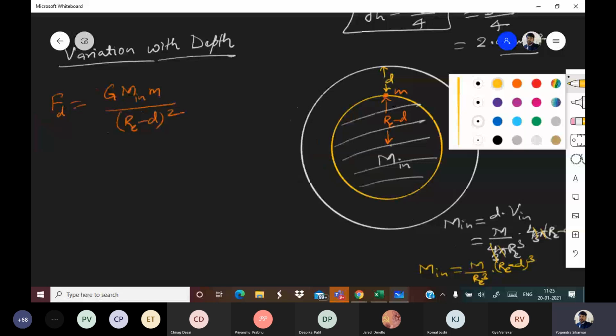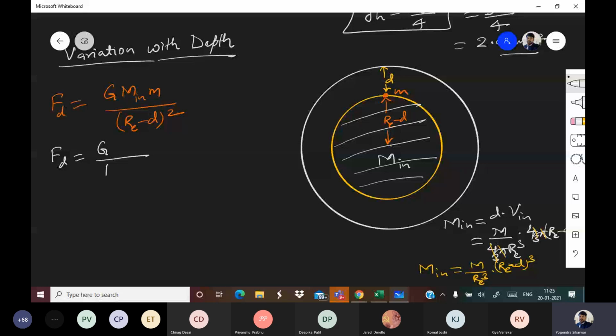So F_d is equal to G upon (R_E minus d) whole square into M_in, so that is M upon R_E cube into (R_E minus d) whole cube.